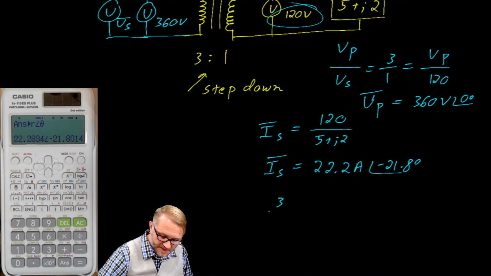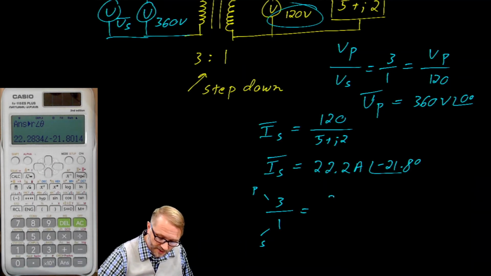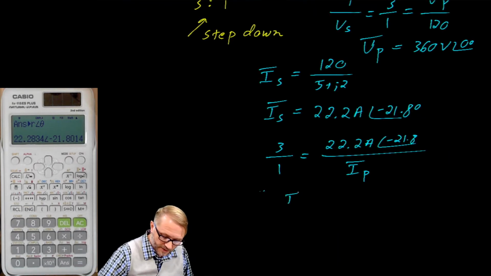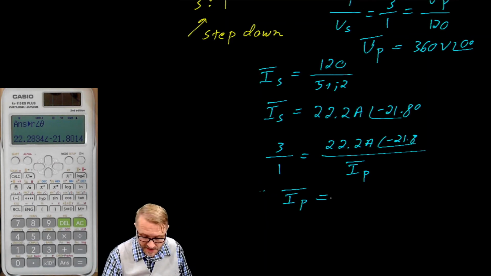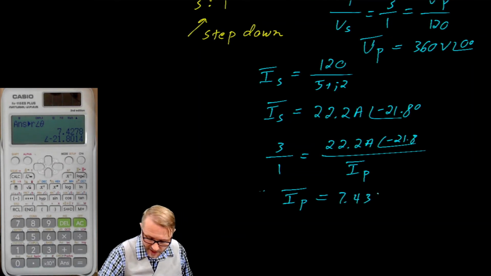Using our ratios, we would say 3 is to 1. So this is primary here, and this is the secondary. Remember now, current's upside down, so the current in the secondary would go here as 22.2 amps at a phase angle of negative 21.8 is to the current in the primary. Solving for current, the current in the primary is 22.2 divided by 3, which gives us 7.43 amps at a phase angle of negative 21.8.